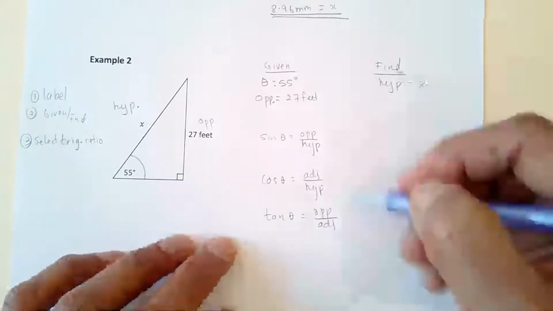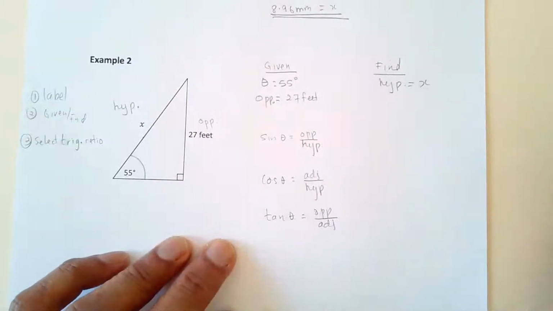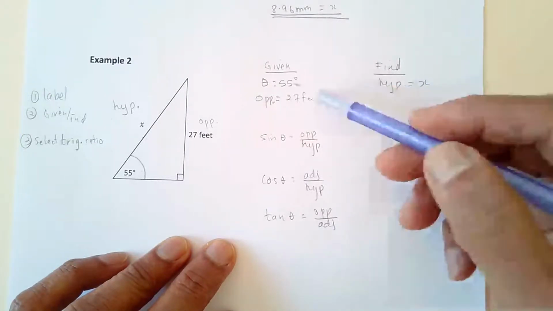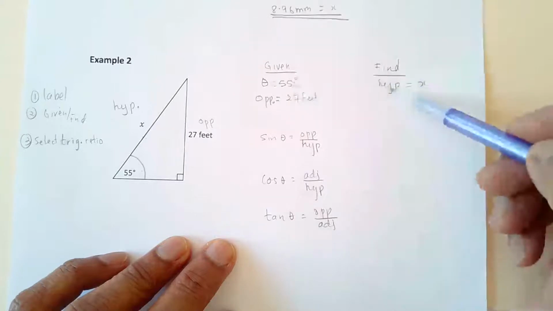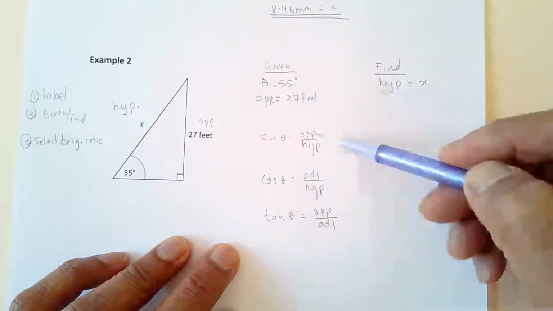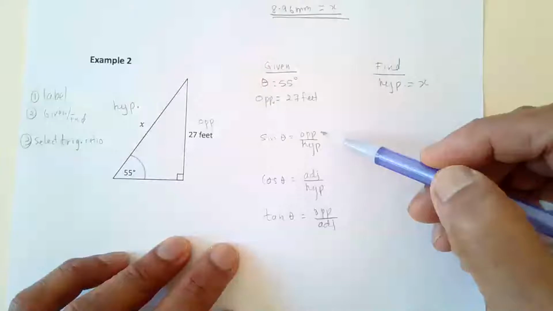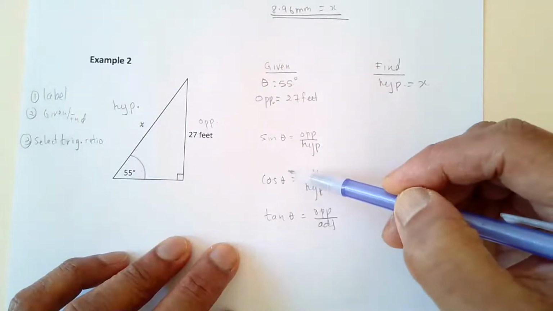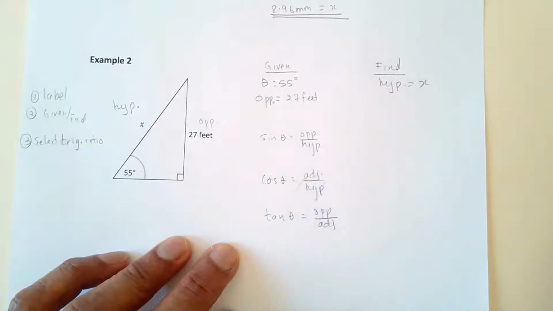Now, which one of these three should I use? To know which one, I simply look at what's given and what I need to find and see where they match sides. Here we have adjacent side. There's no adjacent side given, so I know this is out.